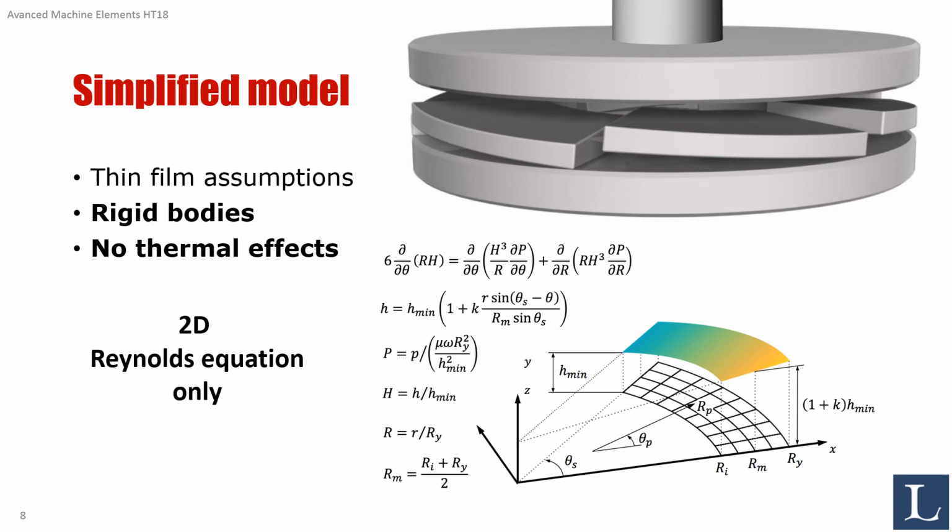And you have an expression for the non-dimensional pressure, capital P. You have an expression for the non-dimensional film thickness, capital H, non-dimensional radius, capital R, and there is also an expression for the average radius in dimensions.